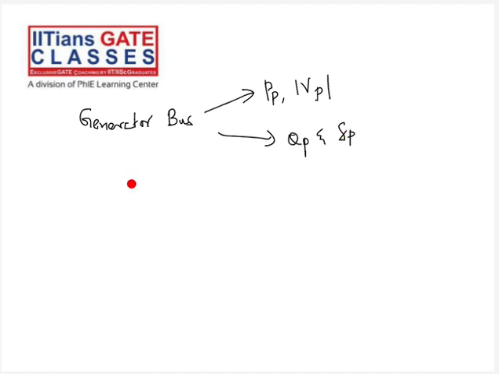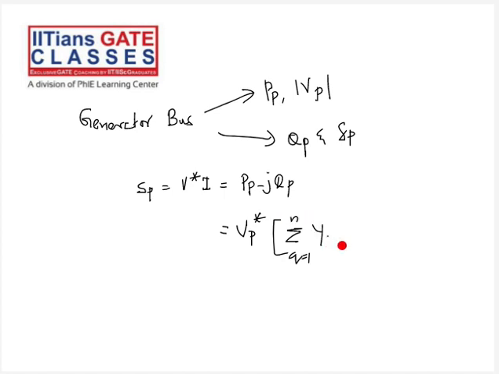So again, going by that older logic, P is V conjugate I, which is Vp conjugate into sigma Q equal to 1 to n of YPQ VQ. So V conjugate into I, right?